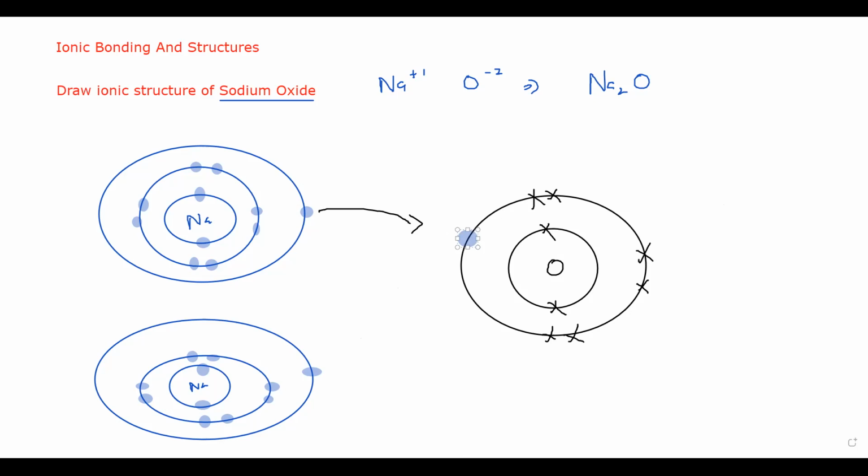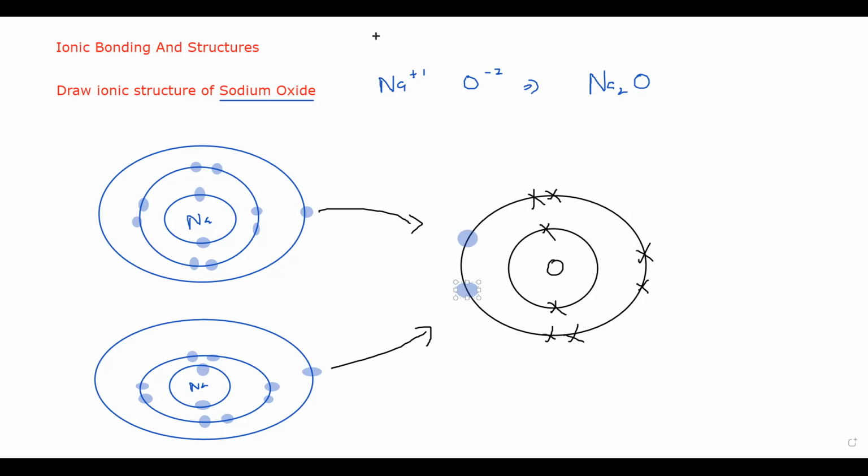Then the second sodium also loses its electron, and now oxygen has 8 electrons in the last shell. So oxygen has a complete octet.